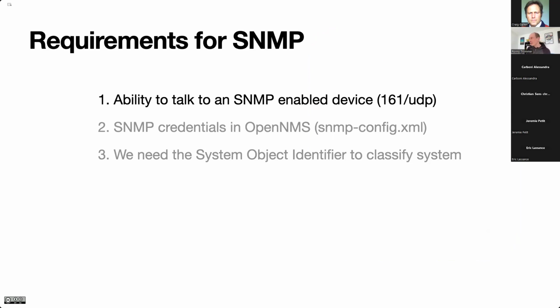By default, it is accessible over UDP port 161, and you technically need credentials to talk to the device. And there's another topic, which is how a system is identified, which is called the system object identifier. It's basically giving the SNMP management system an idea of what capabilities that device really has.